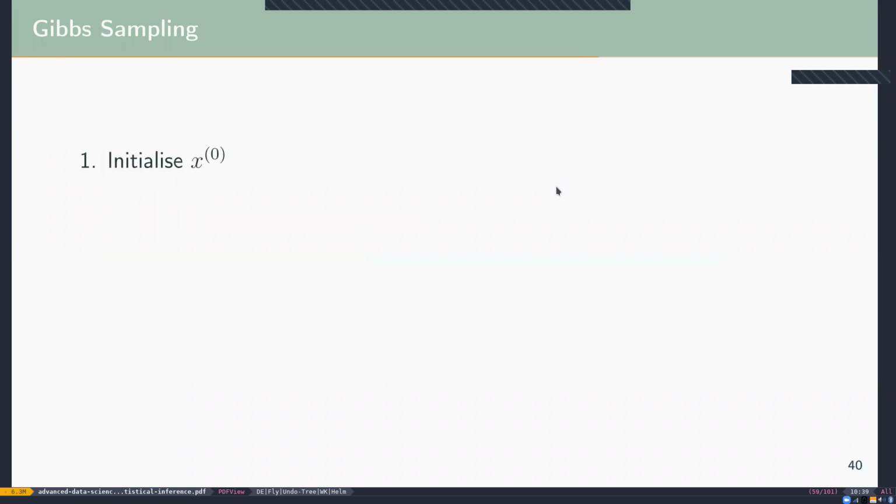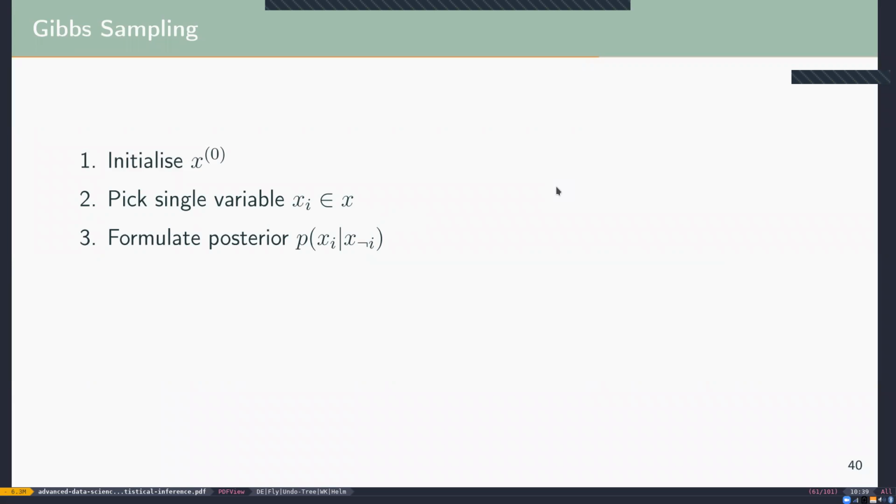So you sample each variable in turn, and then you cycle through them. Look at this one. I start off with x0. Now I pick a variable from my set of variables, and then I formulate the posterior distribution over everything, assuming that x not i has the value it has, and then I draw a sample over xi.